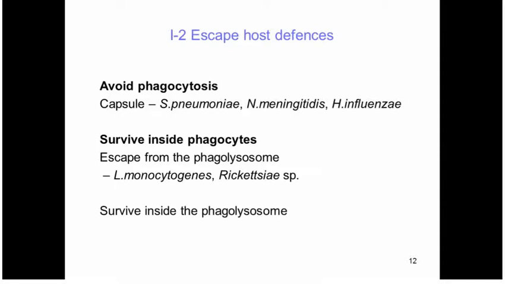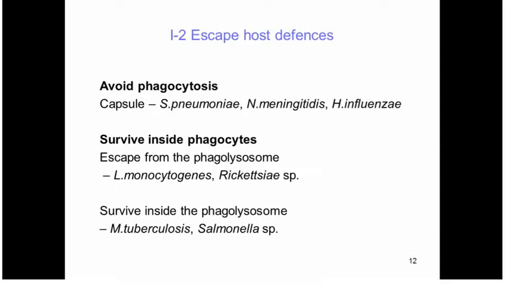And other bacteria will manage to survive inside the phagolysosome. Now, how can this occur? Normally, what is going to happen after phagocytosis, you have a maturation from early endosome, late endosome, and then a lysosome. And this maturation is dependent on acidification of the endolysosome. So the bacteria that manage to survive inside the phagolysosome will prevent maturation.